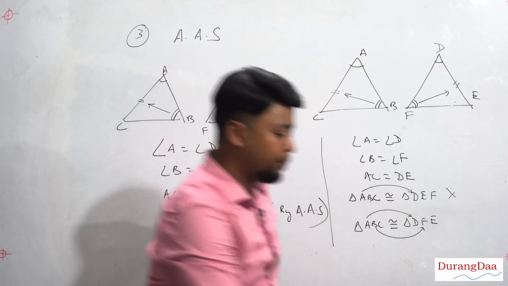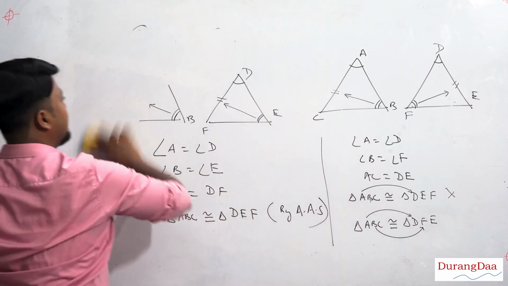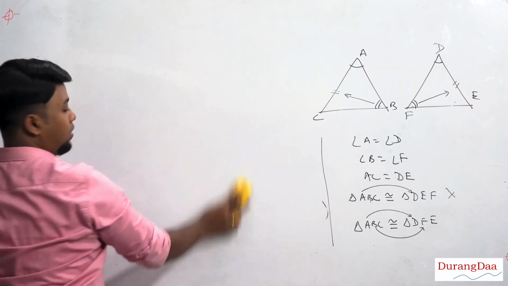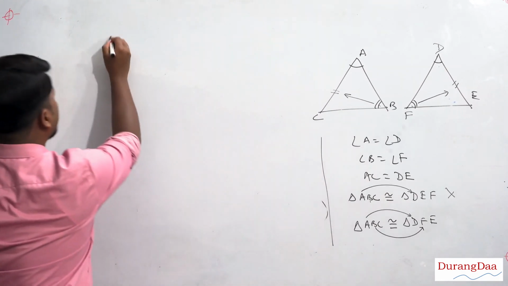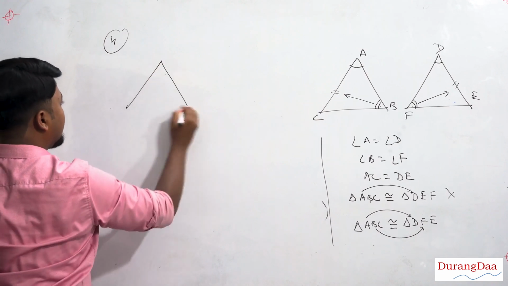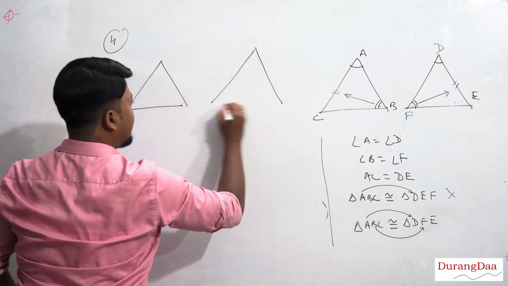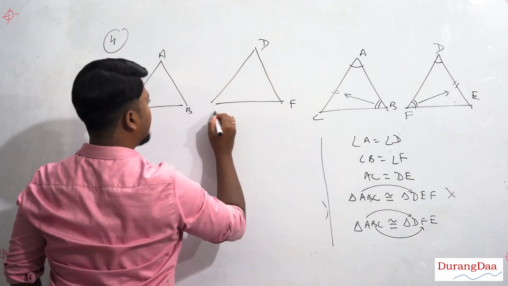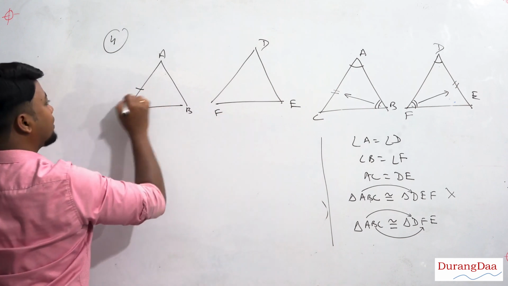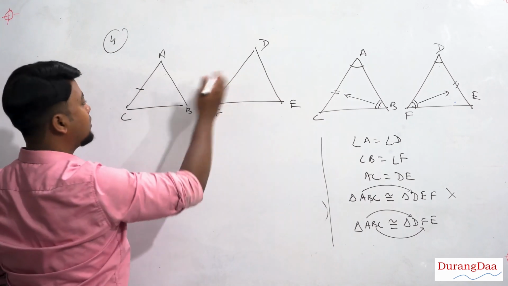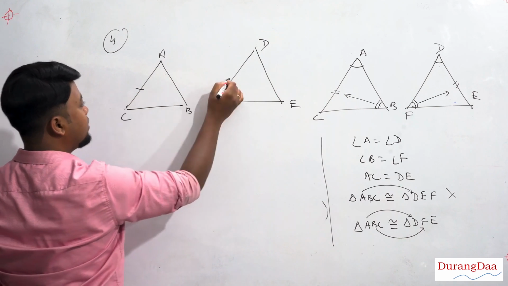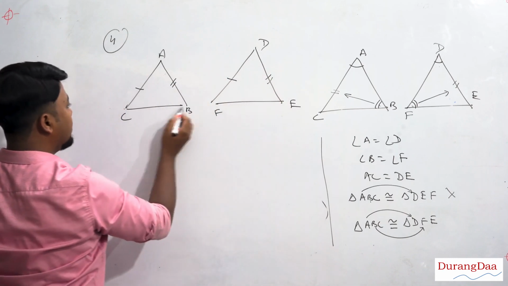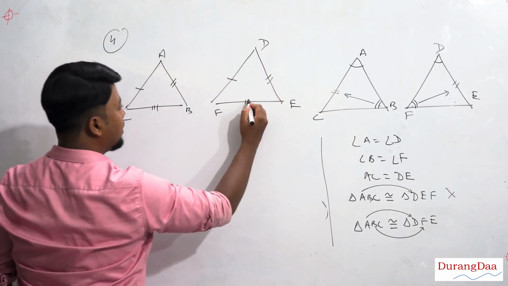Now the fourth way to prove two triangles congruent is by side, side, side. That means we are talking about the situation where it is given that two triangles are there and all the sides are equal to the other triangle's sides. Suppose side AC is equal to side DF, side AB is equal to side DE, side CB is equal to side EF.